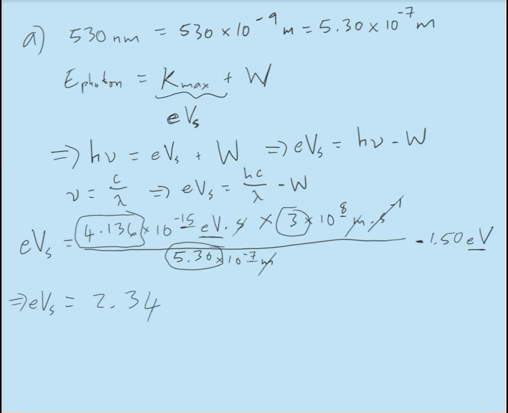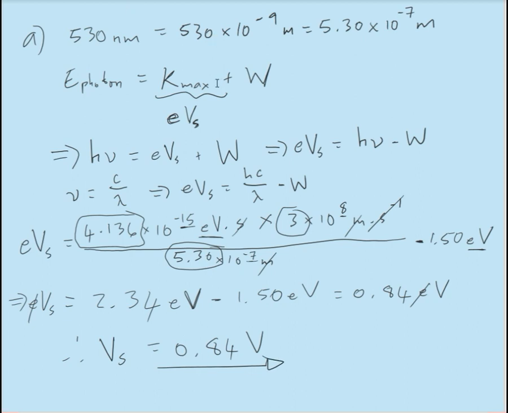And then like we said, this is just electron volts, and then minus 1.50 electron volts. And I think this one is not too difficult. I think it's 0.84 electron volts. And of course we can cancel the charges on both sides. And therefore the stopping potential is 0.84 volts.